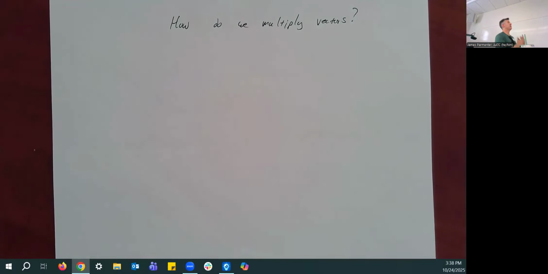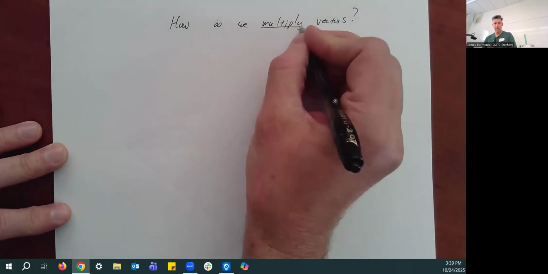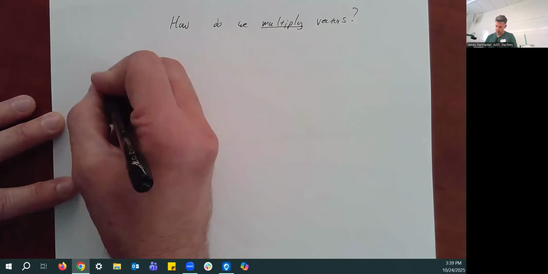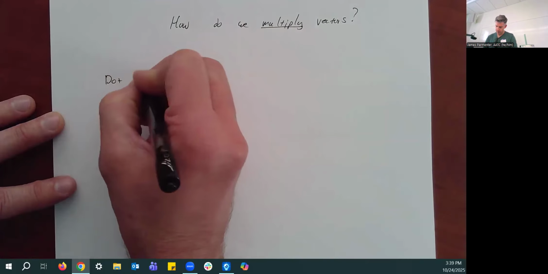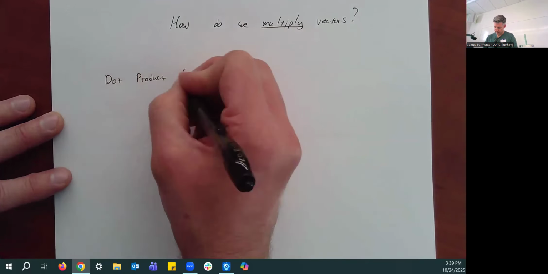I should point out that for vectors in 3 dimensions or less, meaning not 4 or 5 dimensions, there's one way that's only good for 3-dimensional and 2-dimensional, which is the cross product. There's also something called the dot product. We'll talk about at least one of them today. First, the dot product, also known as the scalar product.